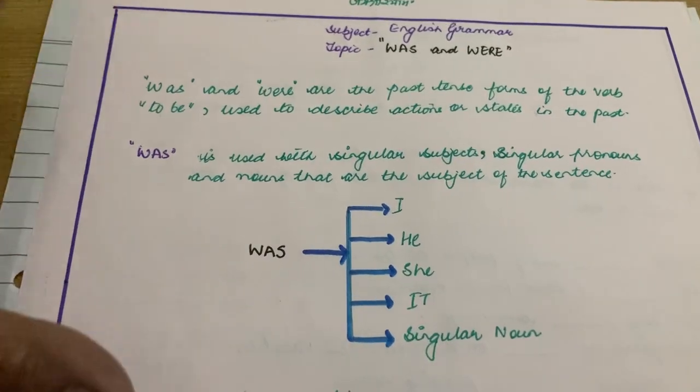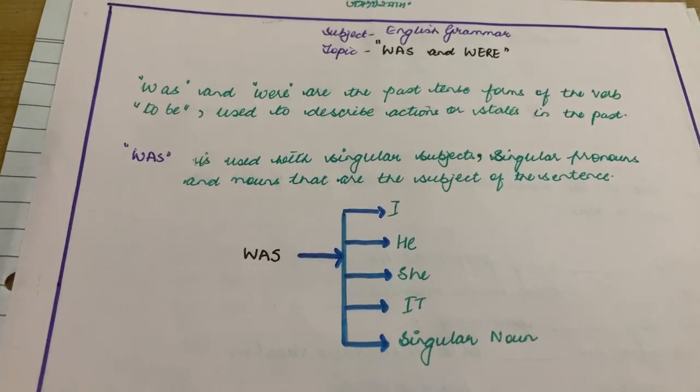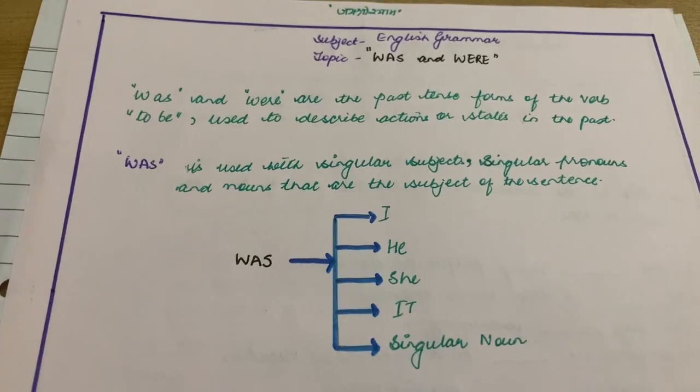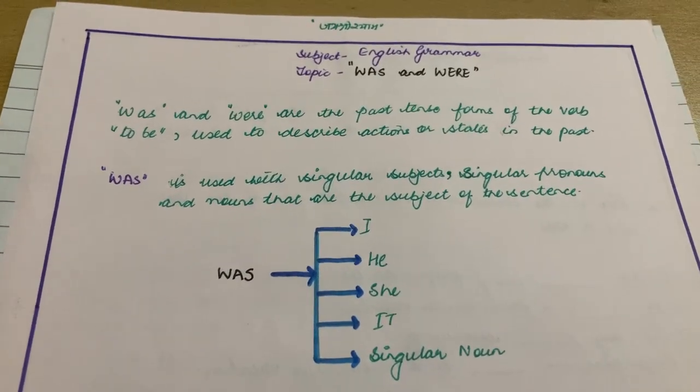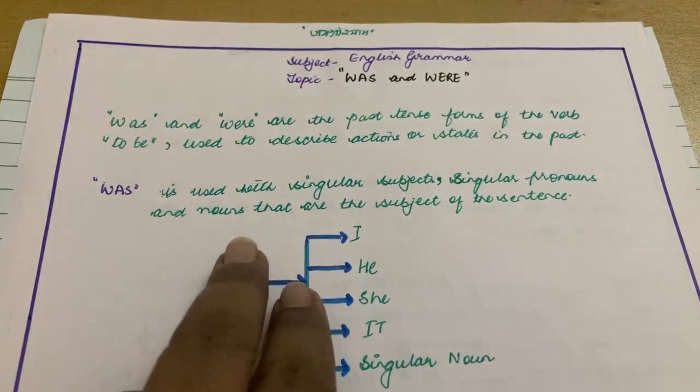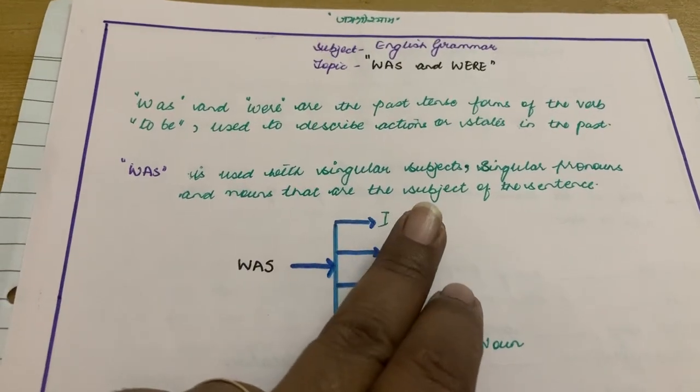So when will we use was? Was is used with a singular subject. The singular subject here can be a singular pronoun or a singular noun that is the subject of the sentence.